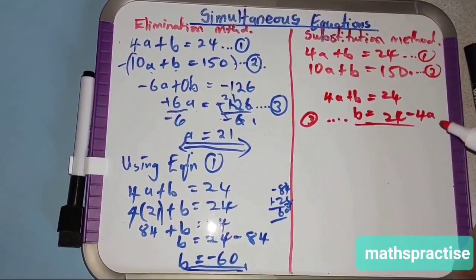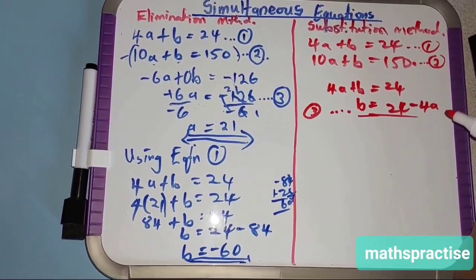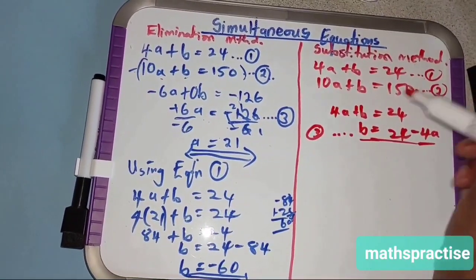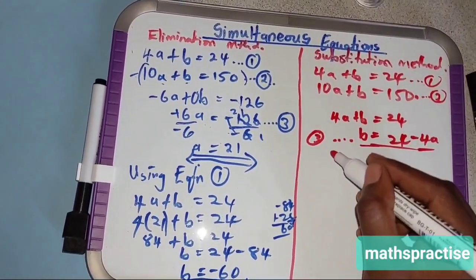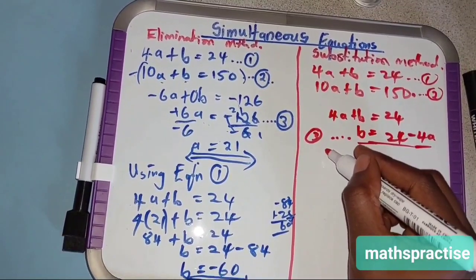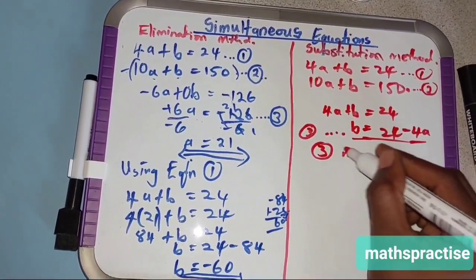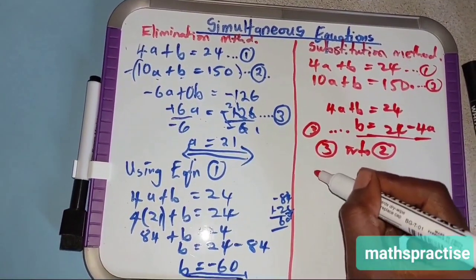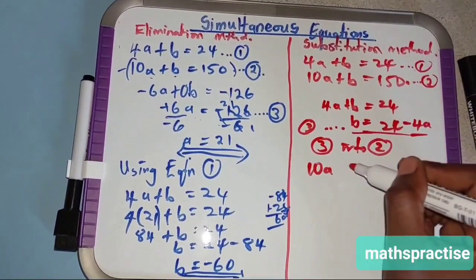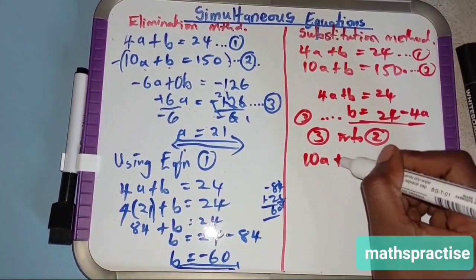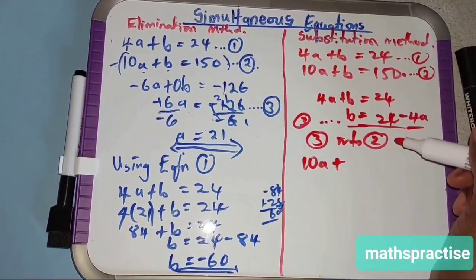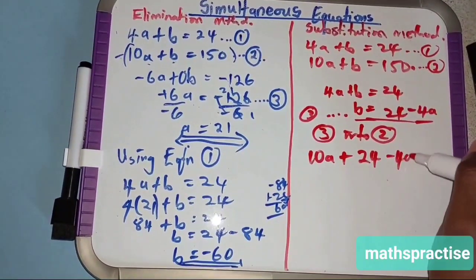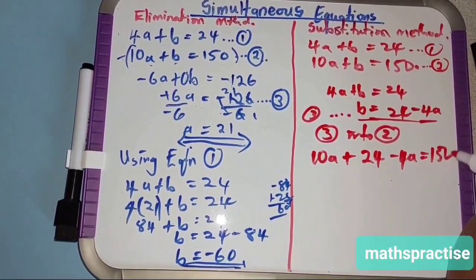Then the next thing we have to do is to substitute using equation 2. We are going to put equation 3 into equation 2. So we have 10a plus b, but the value of b we said is 24 minus 4a, which is equal to 150.